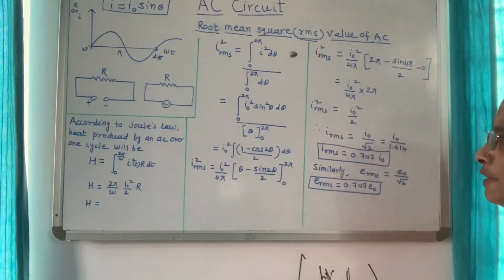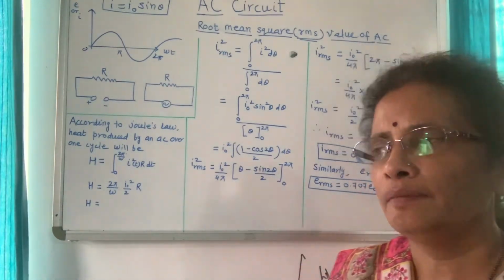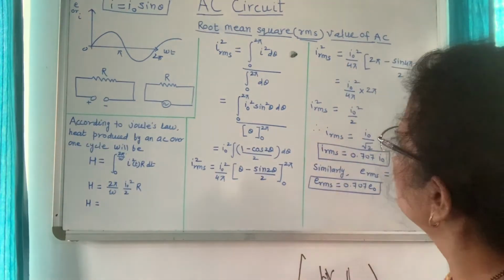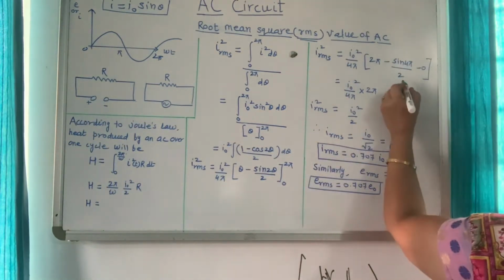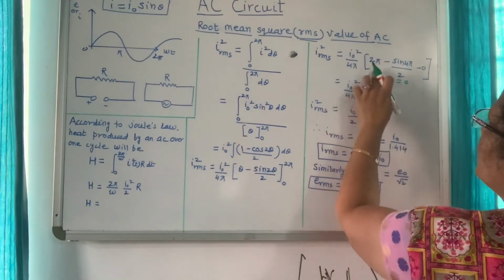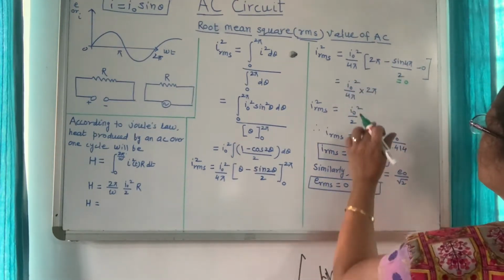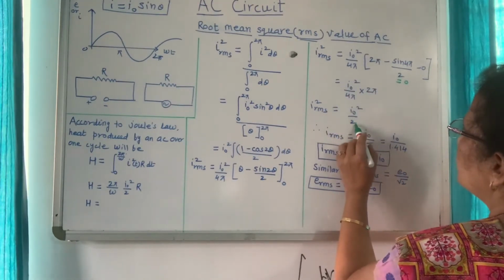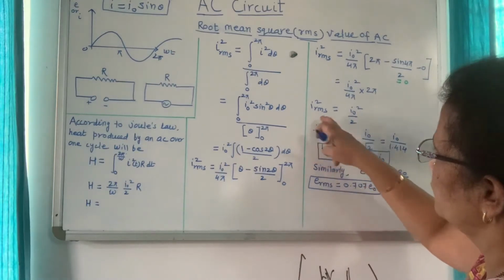What is the value of sin 4 pi? Sin pi is 0 degree, so sin 4 pi is also 0. So this term will be equal to 0. So this will be I0 square upon 4 pi into 2 pi simply. So pi will cancel, this will cancel, and you will get I0 square upon 2 as I square RMS.